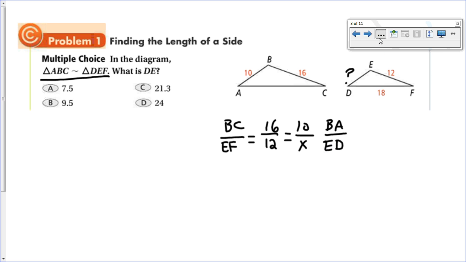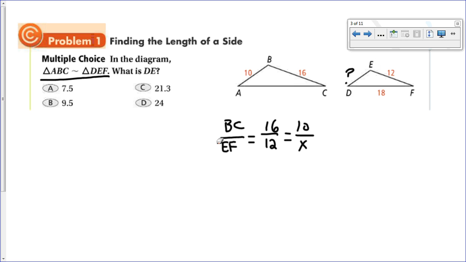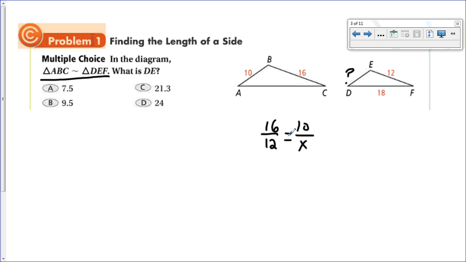And now, if we get rid of this, which you didn't necessarily need to have in the first place, what we have is a simple proportion that we can solve. So 16 times X is 16X. 12 times 10 is 120. And if we solve that, we divide by 16.